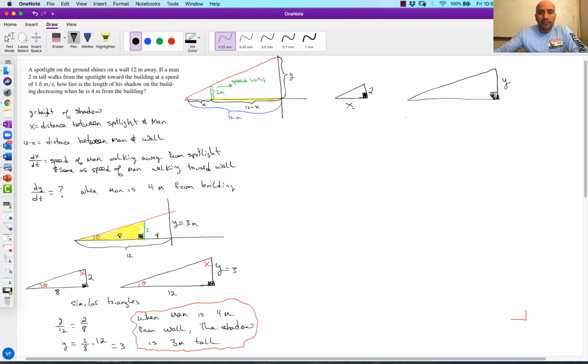We know that this leg is going to be x, and this whole thing here is the constant 12. It's very similar to what we did over here, except there I locked in the fact that the man was 4 meters from the building, and therefore x was equal to 8. Here we're just leaving it general as the man walks. And again, we know that they both share this angle theta, so this must be the same angle for all three pictures. So again, we have a case of similar triangles, just like before.